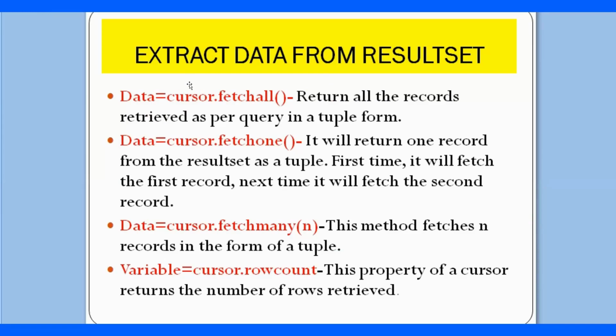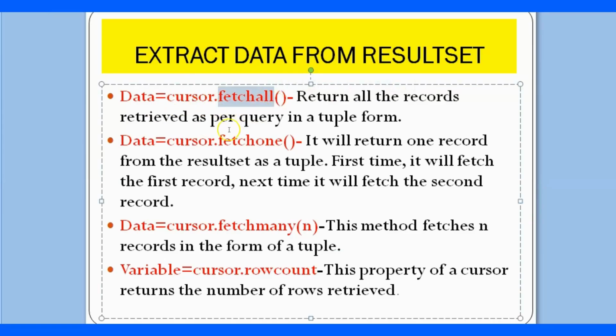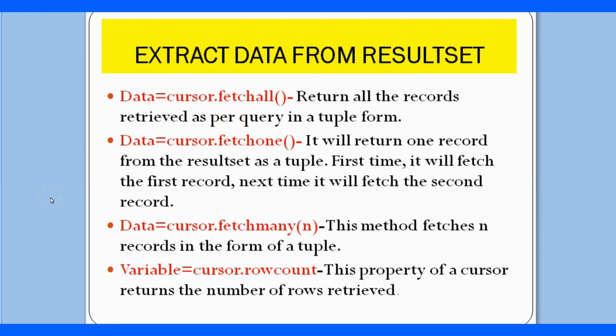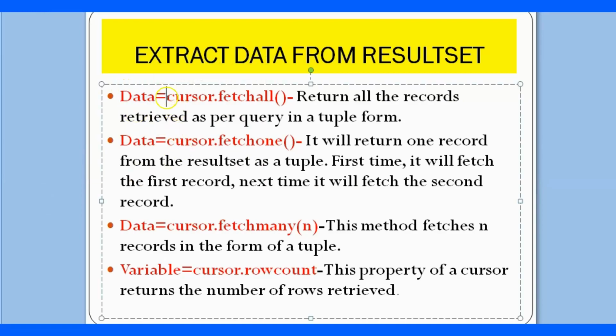The next is extracting the data from the result set. We have three functions: fetchall, fetchone and fetchmany. These are the three functions which extract the data from the result set. For example, data equals cursor.fetchall().